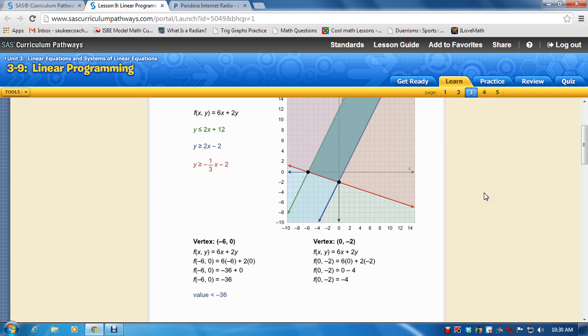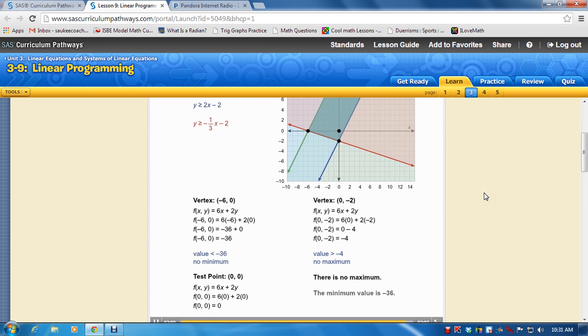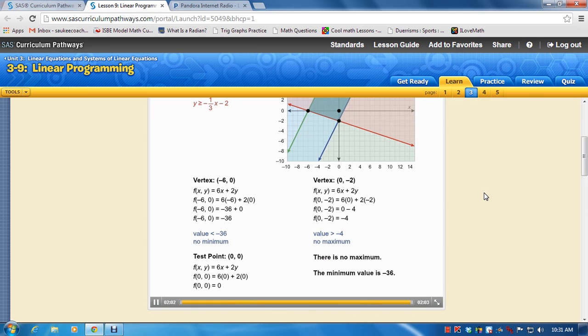If the value of the test point is less than -36, our lowest value, then there is no minimum. If the value of the test point is greater than -4, our highest value, then there is no maximum. Let's use a test point in the feasible region such as 0, 0 to help us decide which we have. Substituting 0, 0 into the objective function results in a value of 0, which is greater than -4. Therefore, there is no maximum value and the minimum value is -36.